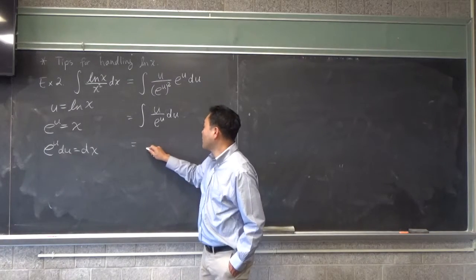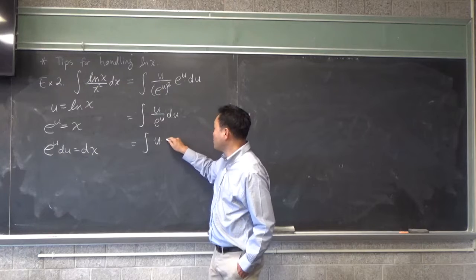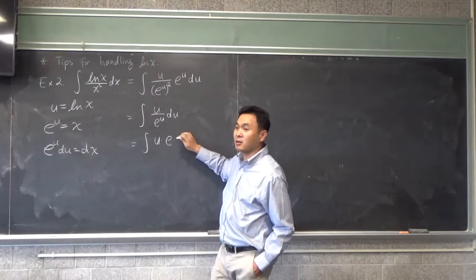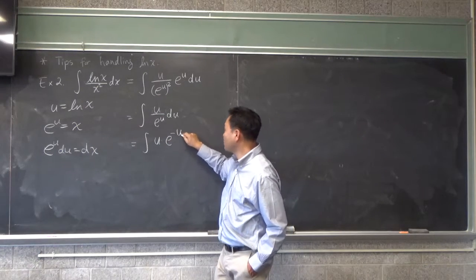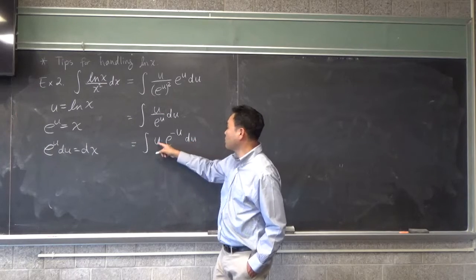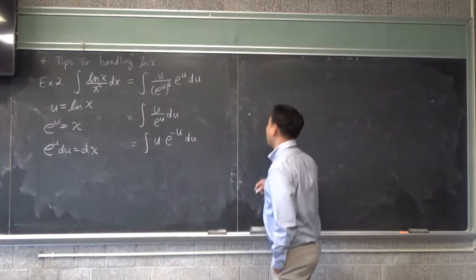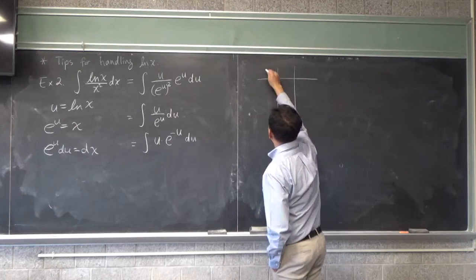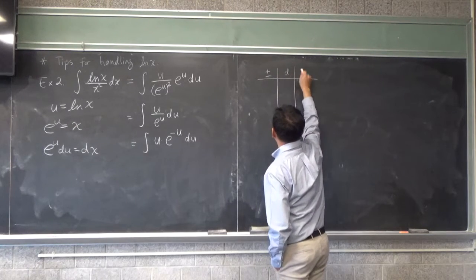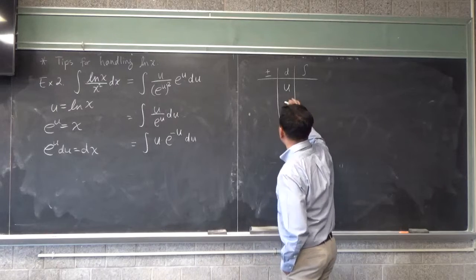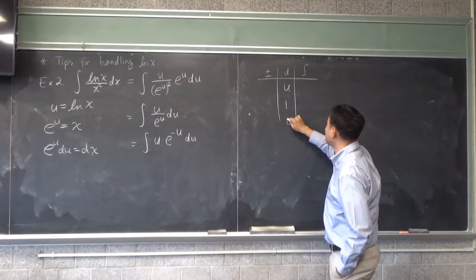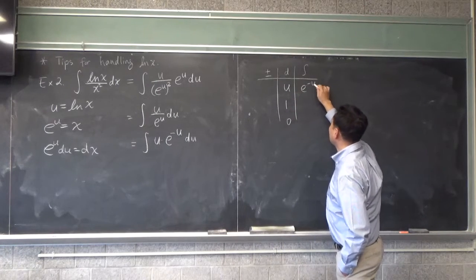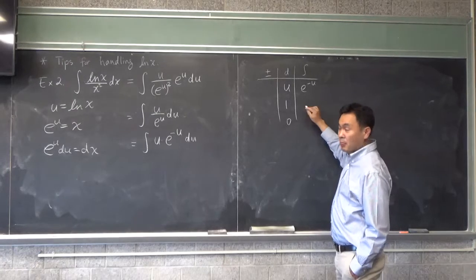So we write this as u times e to the what power? Negative u. Right? Then this is a product. That means I can happily apply plus minus, d integral. u differentiates to 1, differentiates to 0. E to the negative u, you integrate this, what do you get? Negative.